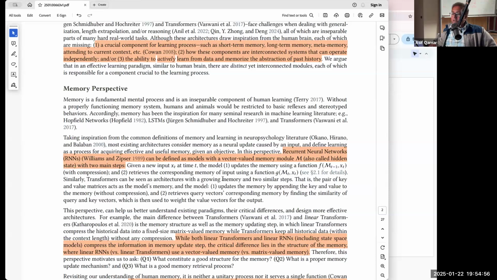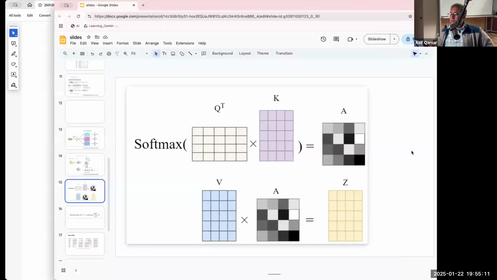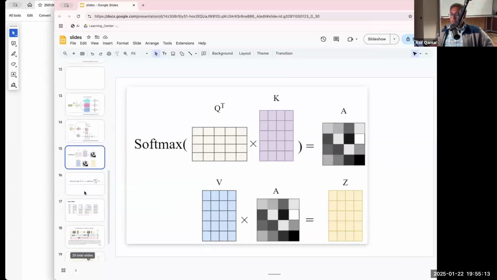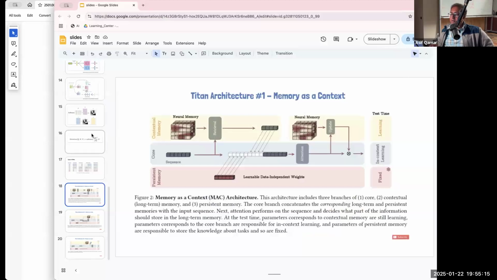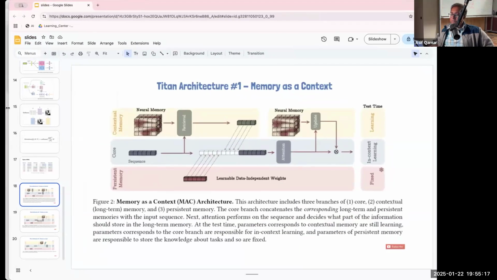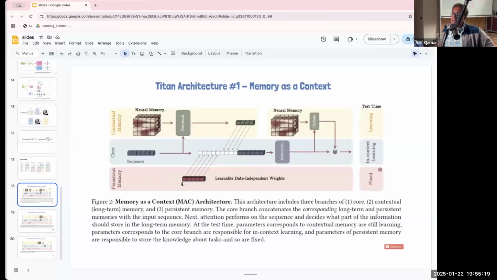And this paper is trying to explain that, similarly, transformers can be seen as an architecture with a growing memory and two similar steps. So what they are saying is, now I'll introduce the architecture, then I'll come back to this. I have given you good information, and now I'm going to visually introduce the architecture and then come back to the paper. Okay, so this is one of the architecture details in this paper.